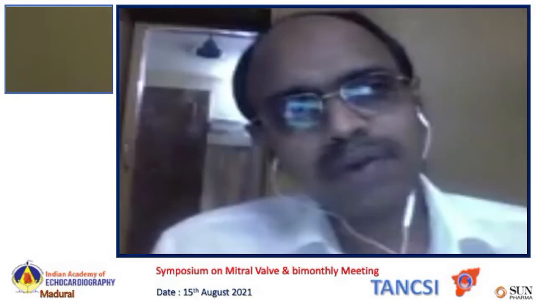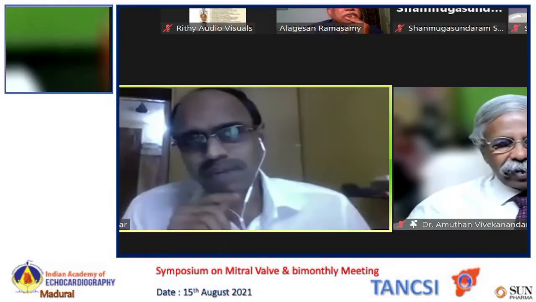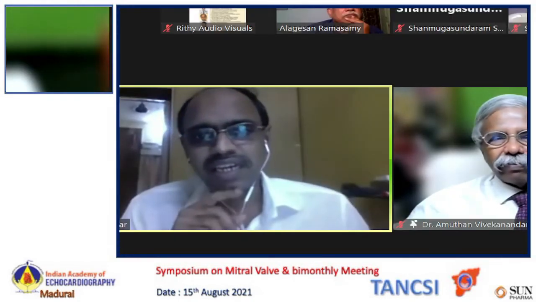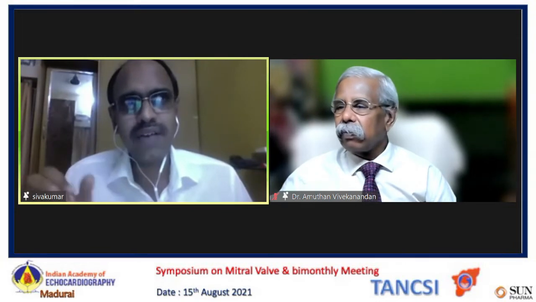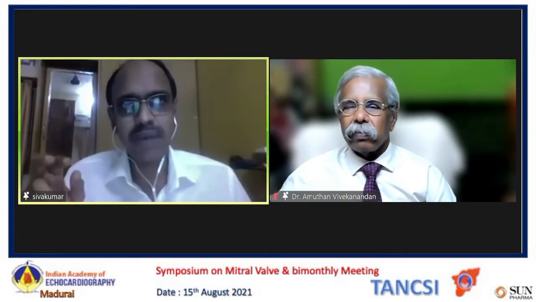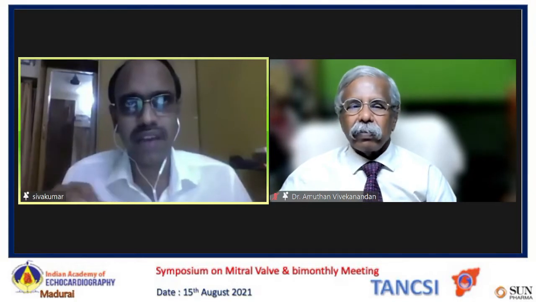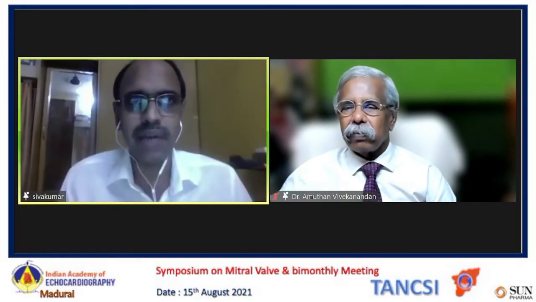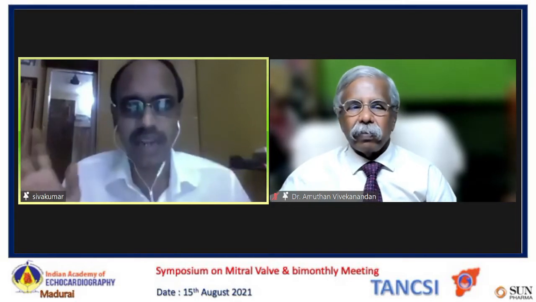The problem with a ventricular septal rupture is that very often, even though we are able to technically achieve a closure of the VSR, the myocardial stunning will lead to persistence of LV dysfunction. The second issue is that half of the patients will already have renal failure, and they may not come out of the renal failure. They will continue to remain oliguric, and they may succumb to renal dysfunction.